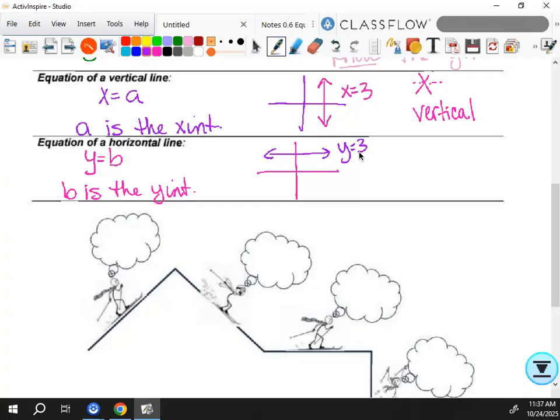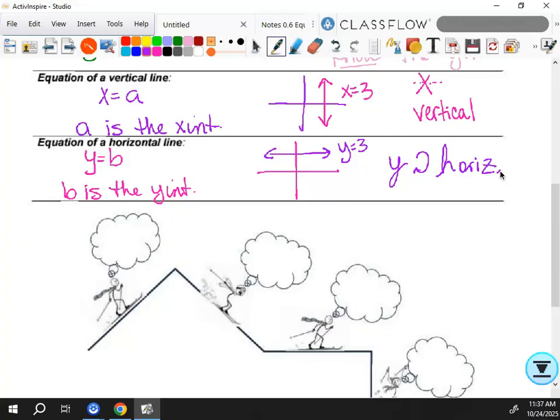And then if we have a lowercase cursive y and we rotate it around, we get a lowercase cursive h for horizontal. Do whatever you got to do to remember the two. Everybody okay with all that?